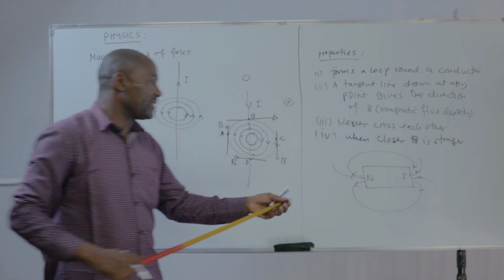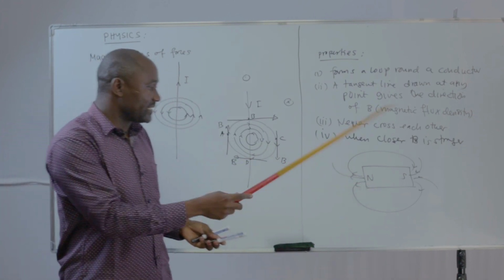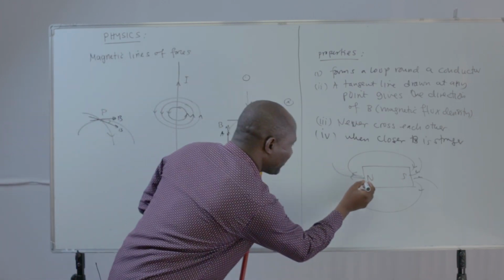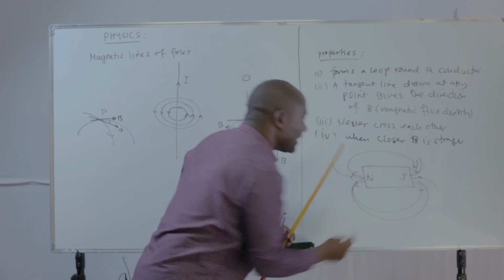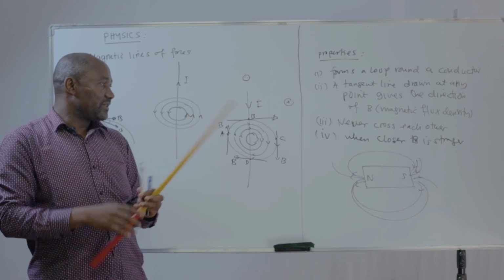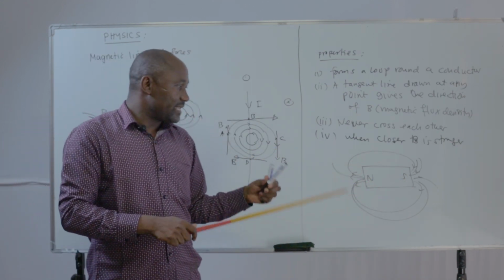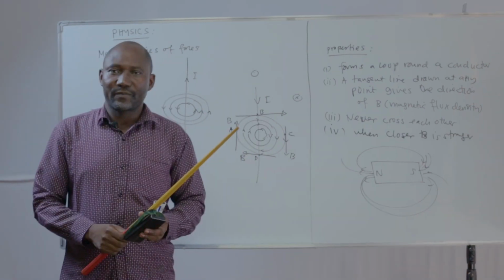For a magnet, the magnetic line of forces originate like that. There's a point where the magnetic line of forces are close to each other at the poles. So we say the magnet has strong magnetism.